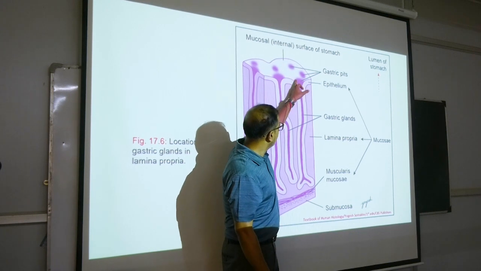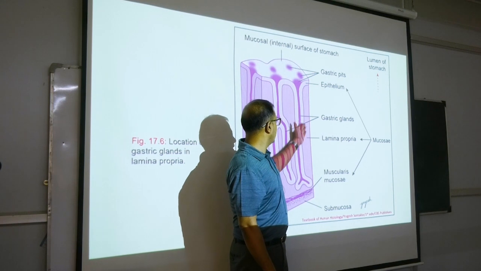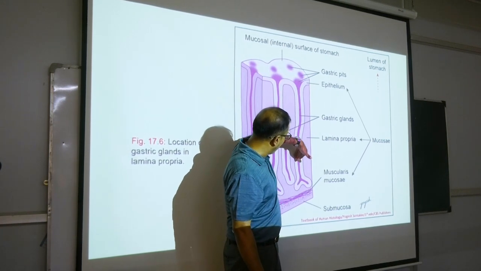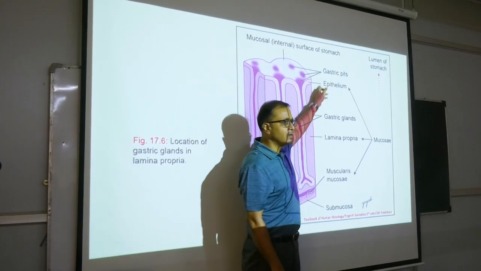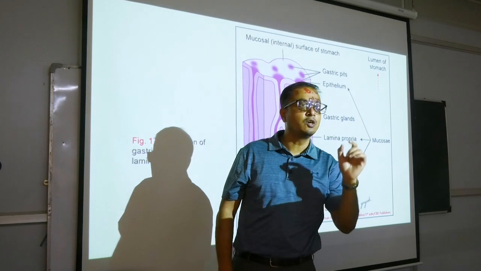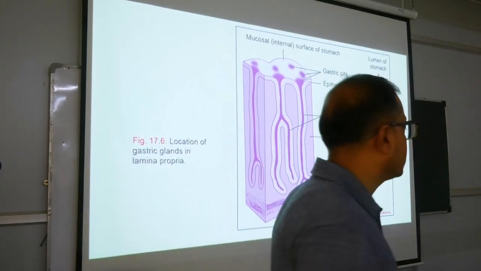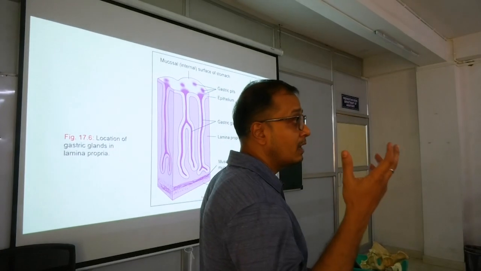Now, coming to the cells present on the epithelium. The epithelial cells on the surface make a dip down, which we call the gastric pit. The epithelium lining the stomach is cuboidal epithelium, cells that look like a cube. Compared to the esophagus, what kind of cell was it?